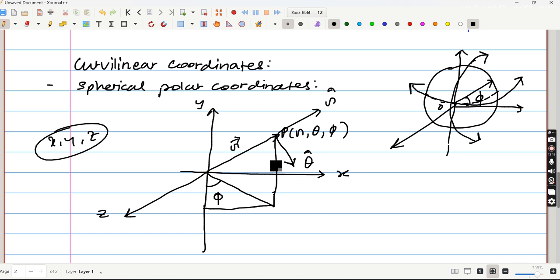This will form kind of like a sphere, right? This is just part of a sphere.